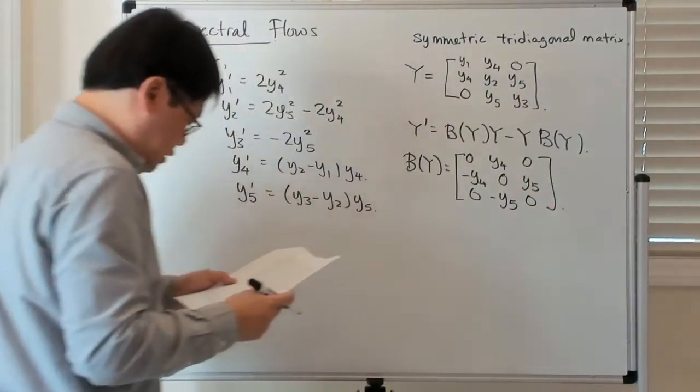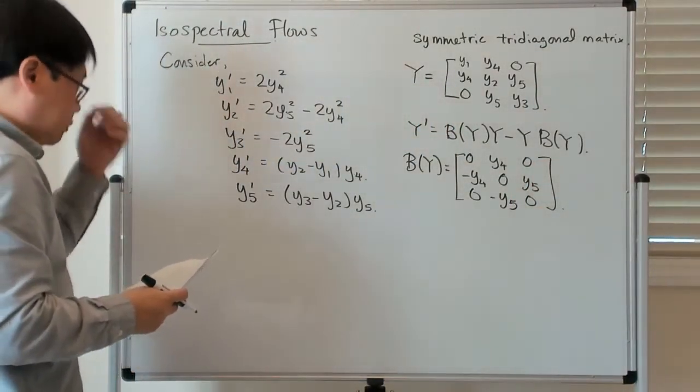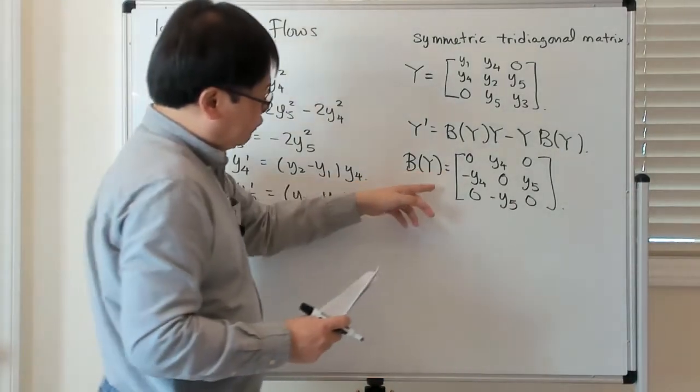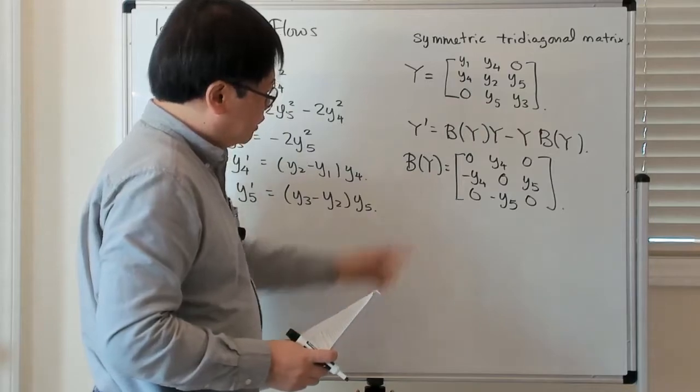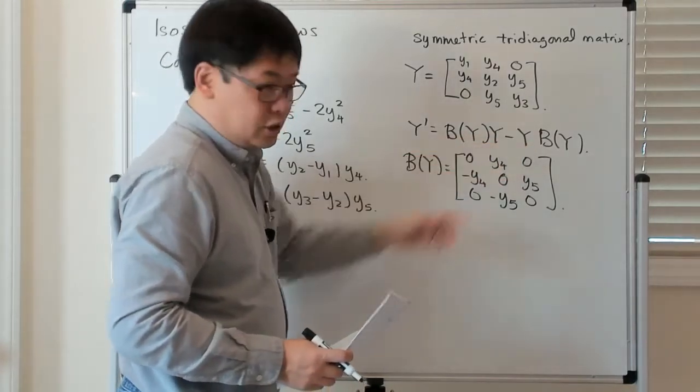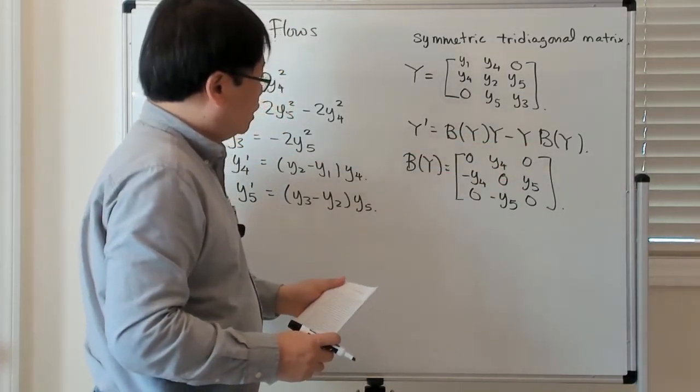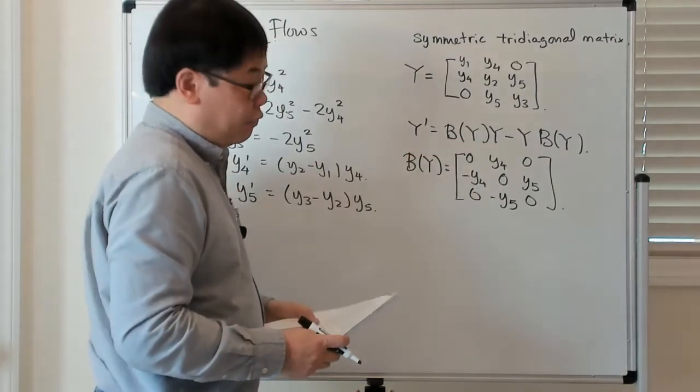Okay. All right. So one thing you observe is that b of y is skew symmetric, and that this is essentially the matrix commutator of b of y and y.